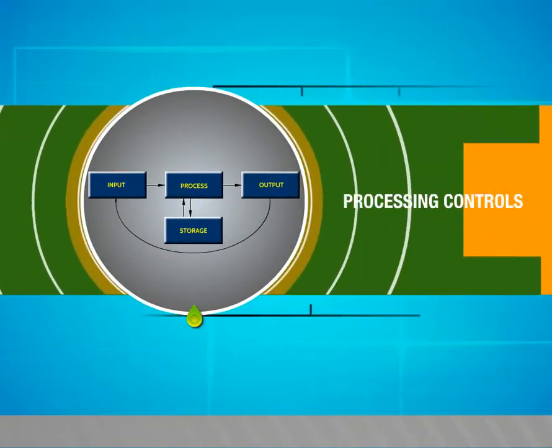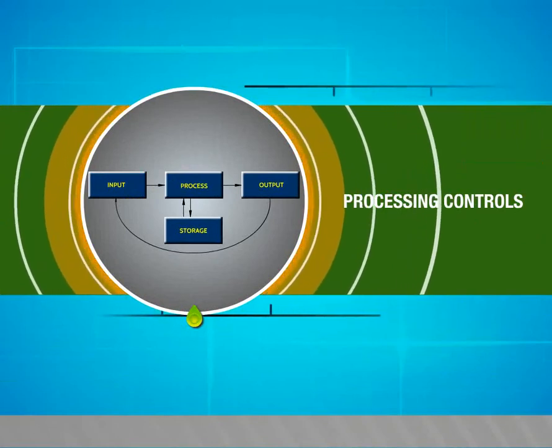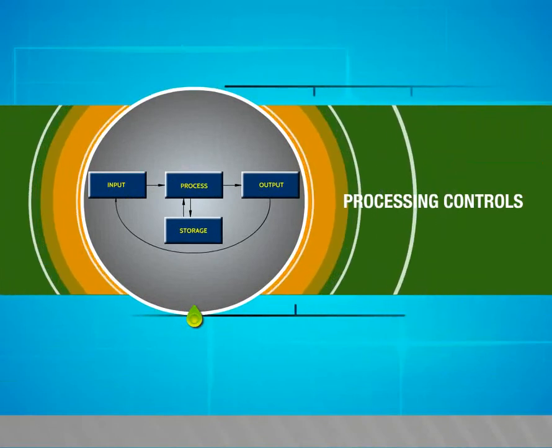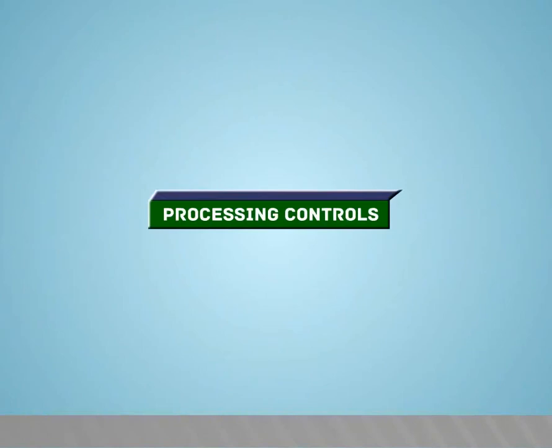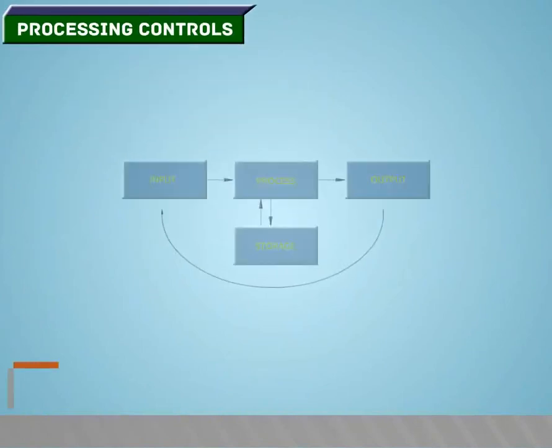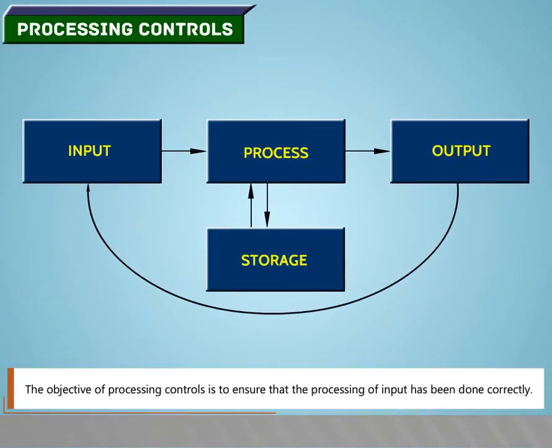Processing controls. In this video, we are going to see about processing controls. The objective of processing controls is to ensure that the processing of input has been done correctly.